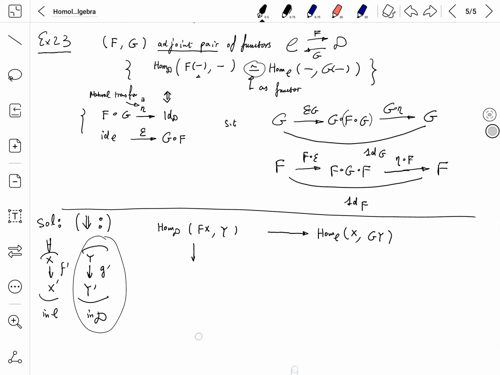It's the same as before, so it's just Hom. You start from a map FX to Y and then compose with G prime, then you map to Y prime.